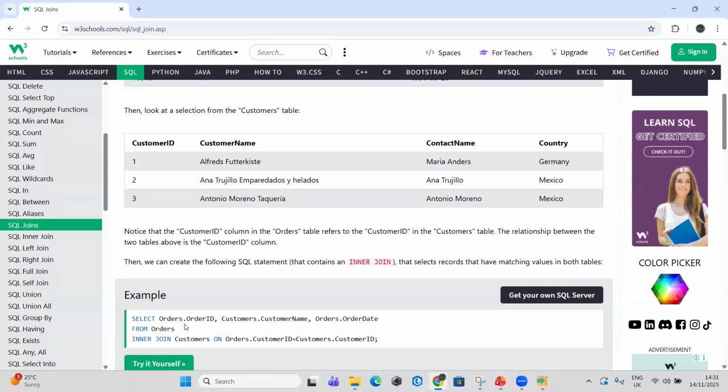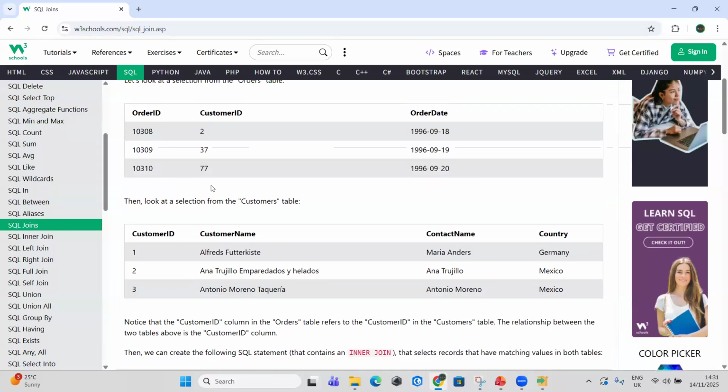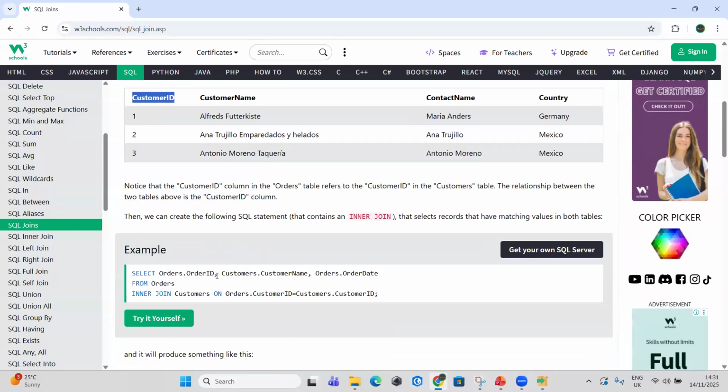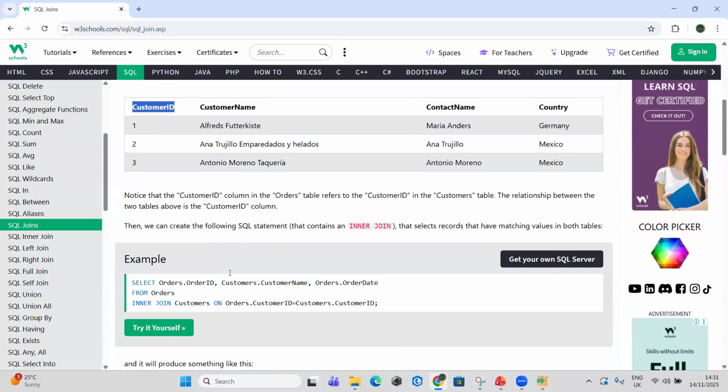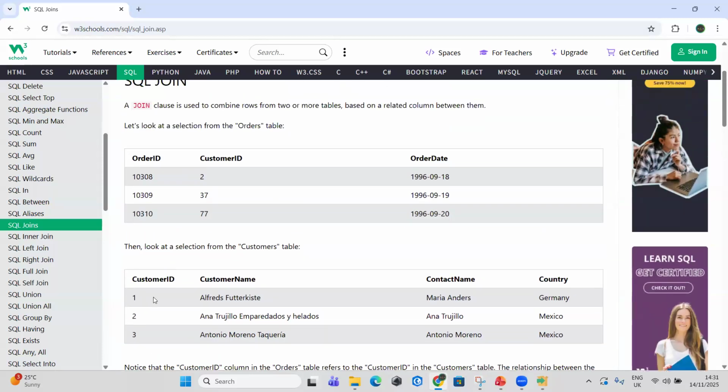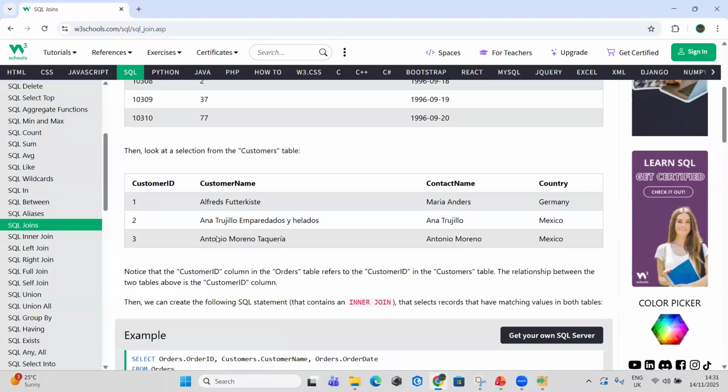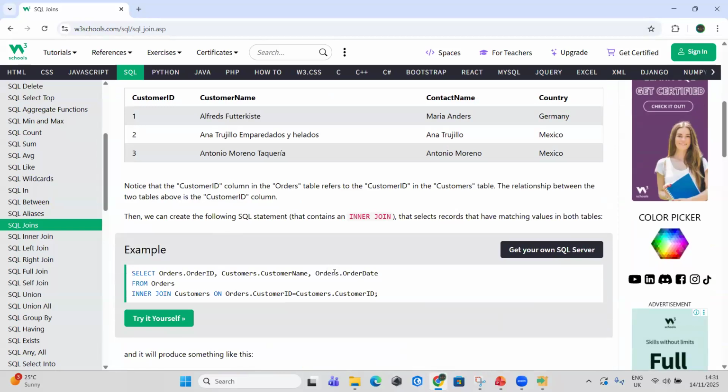Because there is a customer ID here, there is a customer ID here, that is almost the same, it won't matter much. But because I need country, it might get confused. There is no country in the order table. So you have to specify the table first and then the column name.